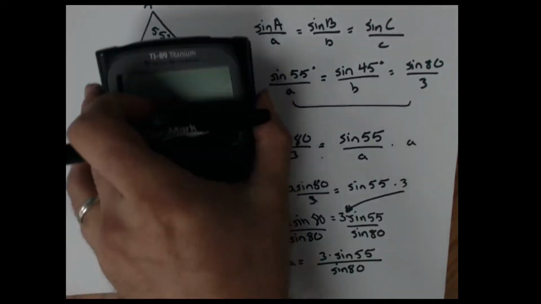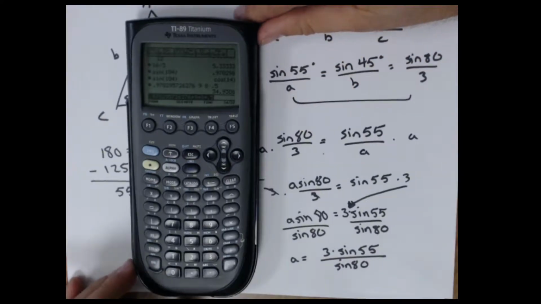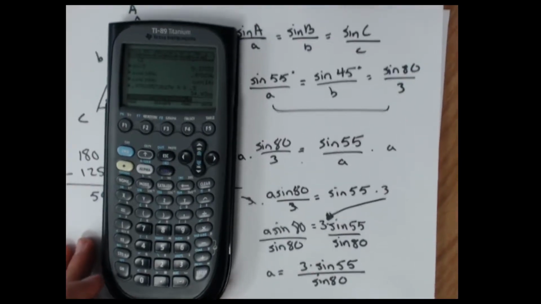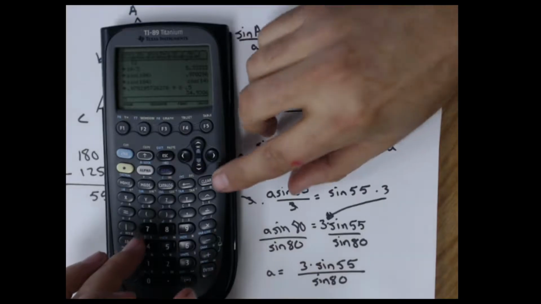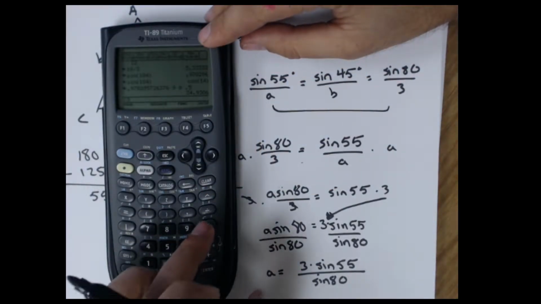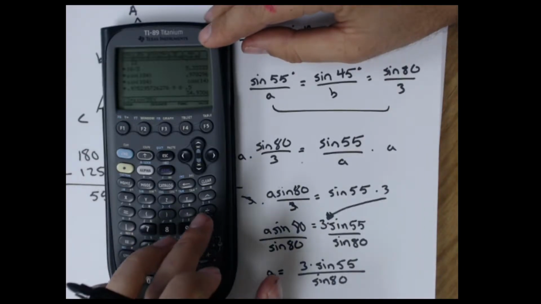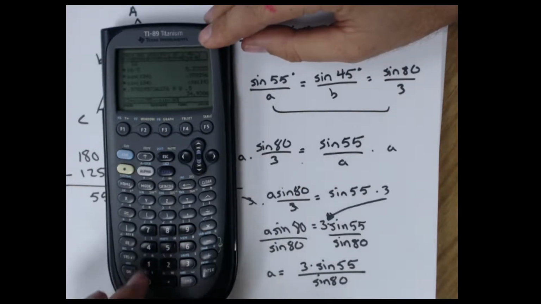And this is the point where you pull out your handy dandy calculator and you plug all of that nice information in. And we end up with, let's see here, not 7, 3 times sine 55 divided by sine of 80.